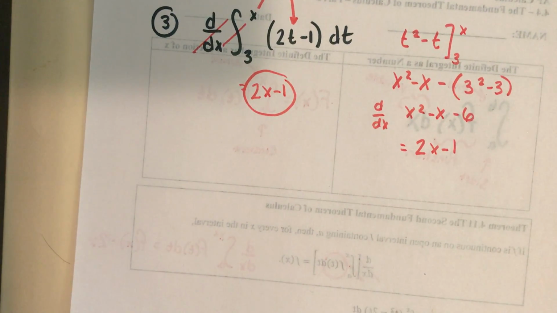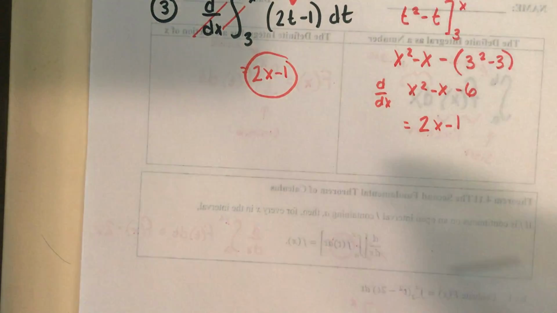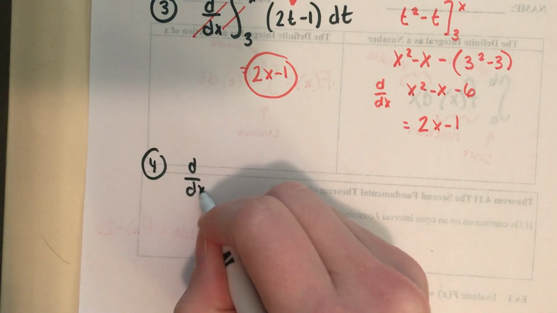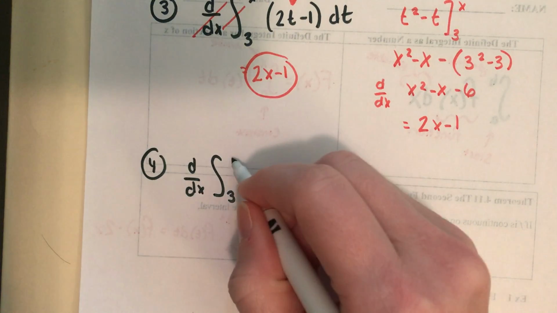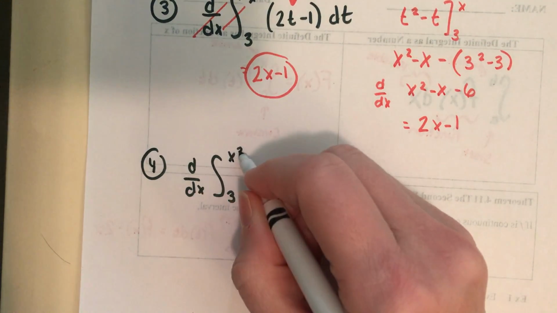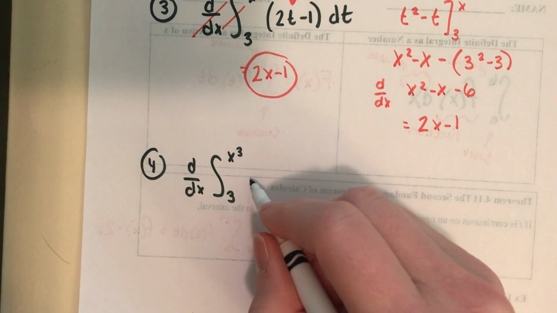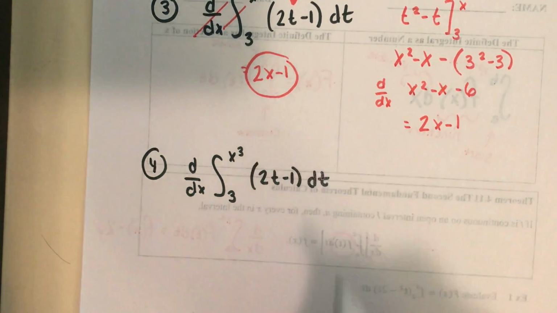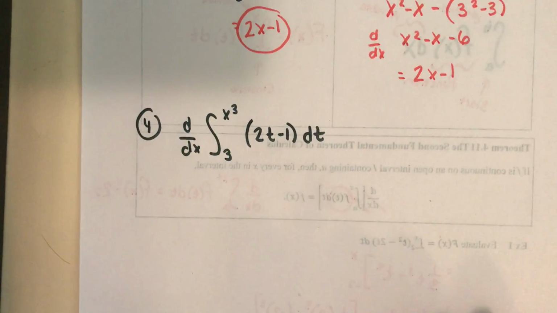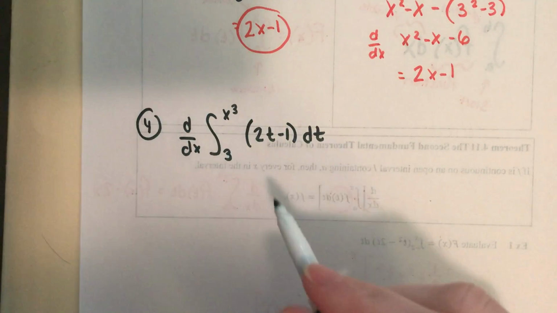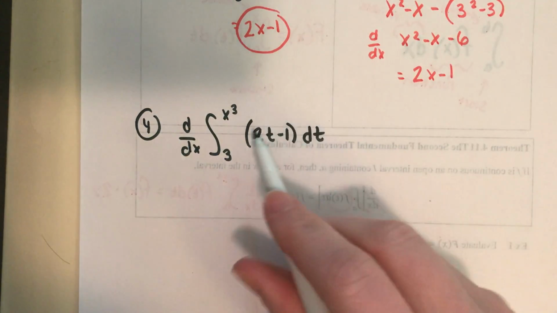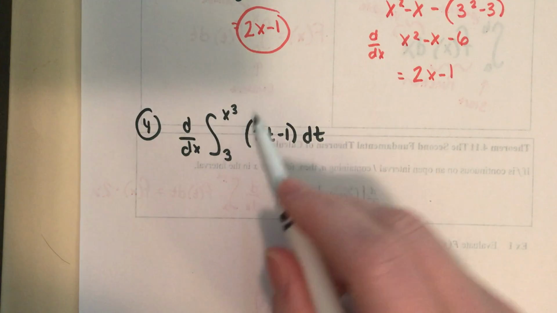So, and I talked about this on the front, sometimes you're going to get a problem where that x is not an x. It might be x cubed. It might be anything but an x. So I'm going to use the same problem, but I'm going to change that x to an x cubed. So instead of doing all this work, I'm just going to plug in my variable.